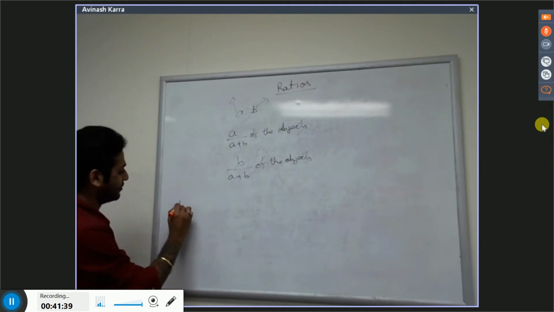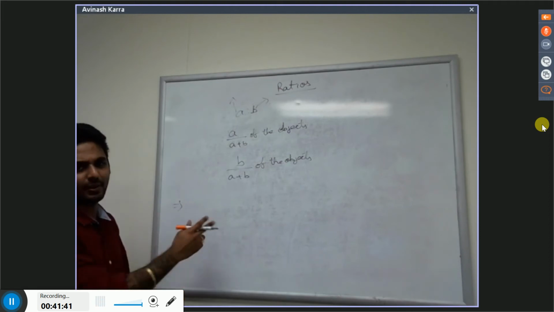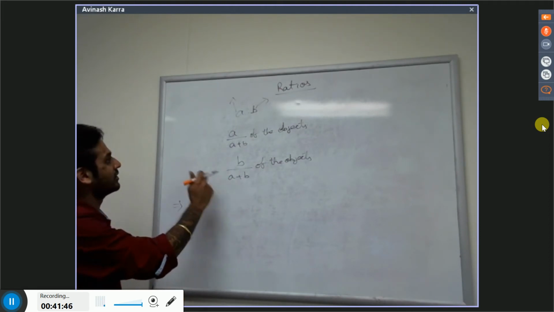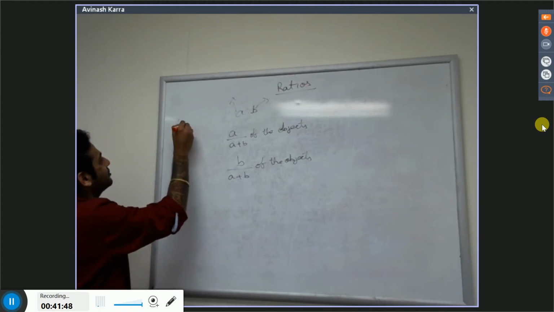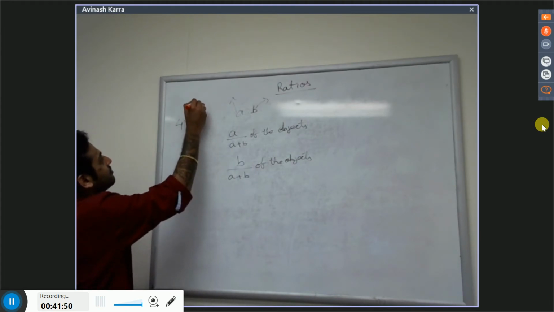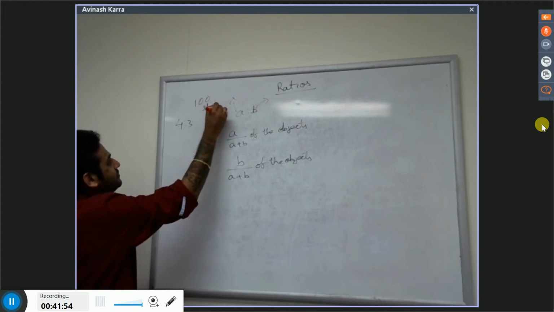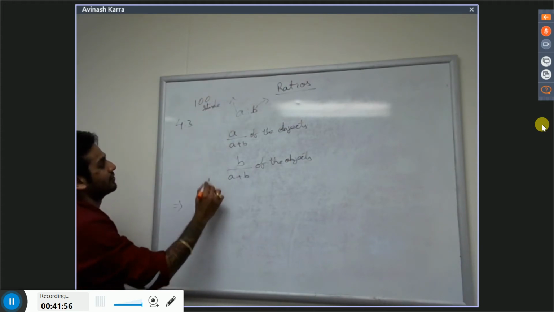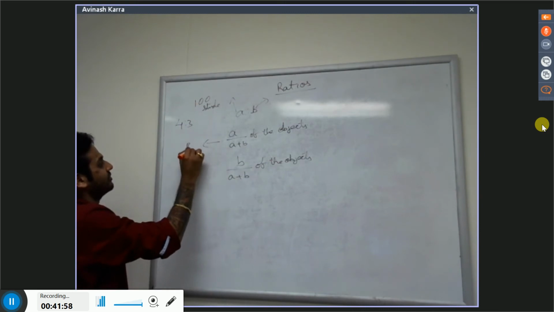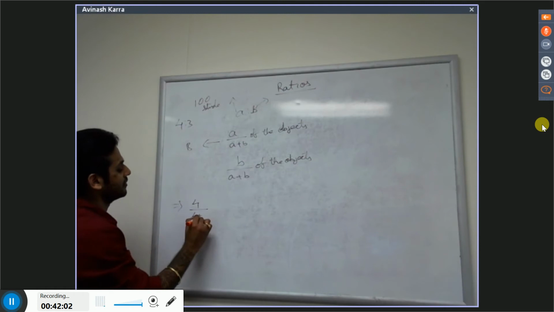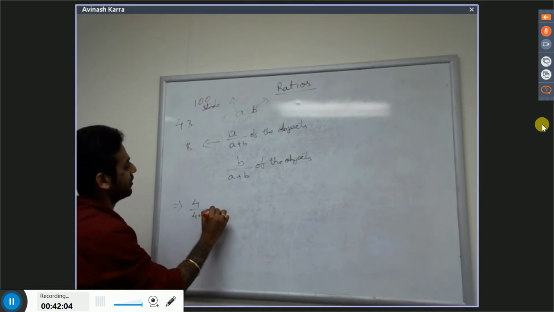I'll explain with an example. The previous example we did is the same thing actually: 4:3 of 100 students, right? So the first group, boys, 4 by 4 plus 3 of the objects.